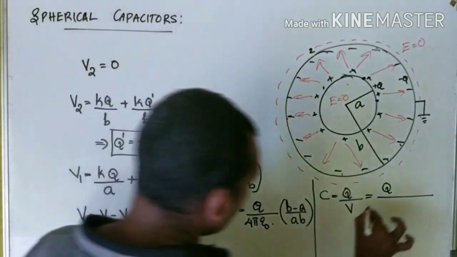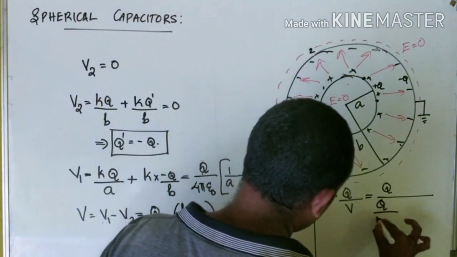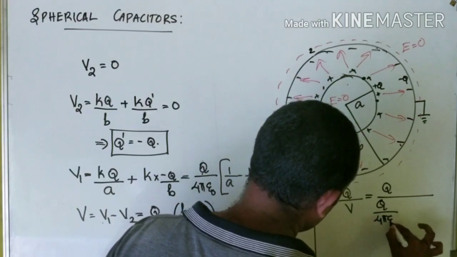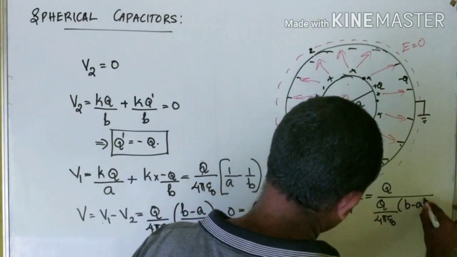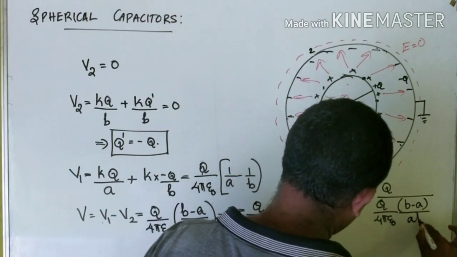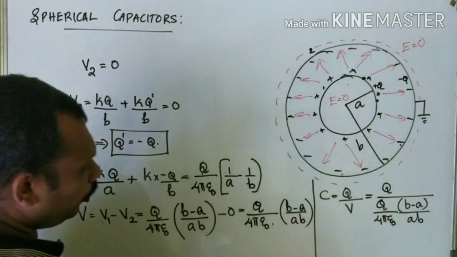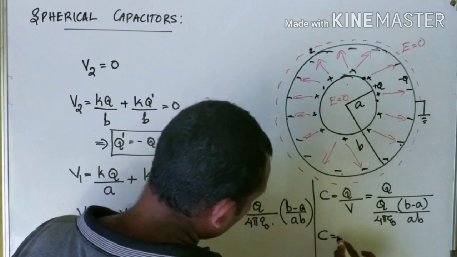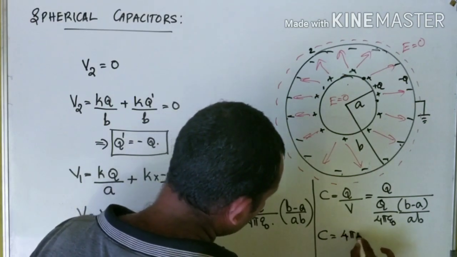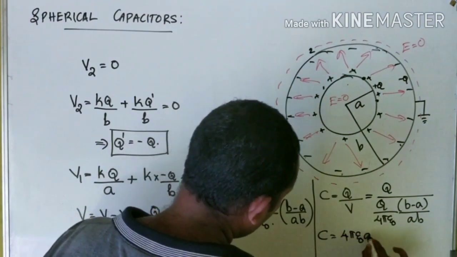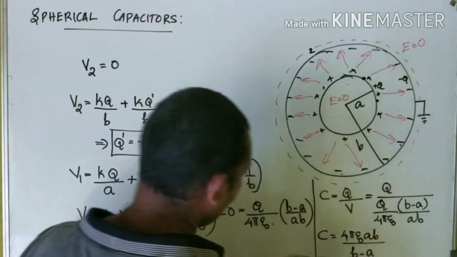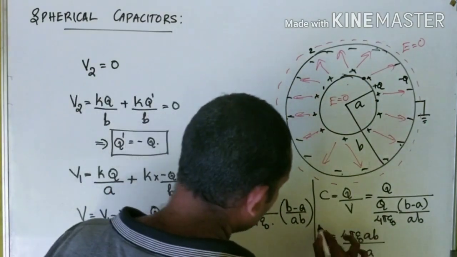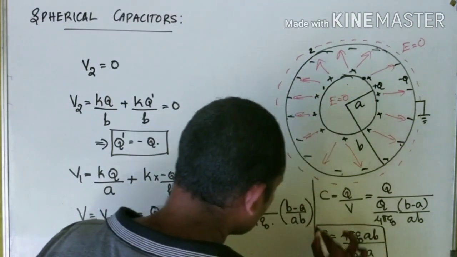Now C is Q by V, that is equal to Q divided by, what is V going to be? Already we have Q divided by 4 pi epsilon 0 into B minus A divided by AB, or C is equal to 4 pi epsilon 0 into AB divided by B minus A. How did I get that? I got it by taking the reciprocal.